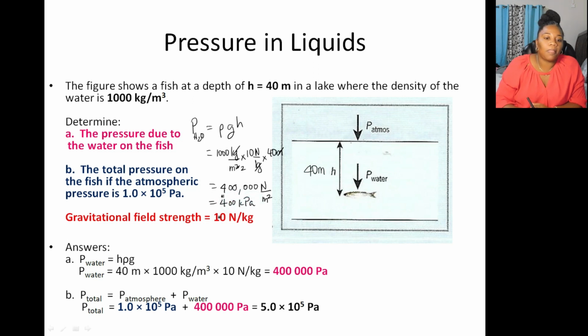kilopascals, right? Now we said gravitational field strength 10, and then it says the total pressure on the fish if the atmospheric pressure is 10 to the 5 pascals.